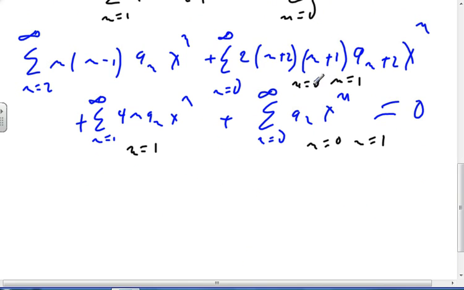So I take n equal to 0 out of this guy, and I have 2 times 2 is 4. So I have 4 a2 x to the 0, which I don't have to write down, plus I put in a 1, so I got 2 times 3 is 6 times 2 is 12 a3 x.